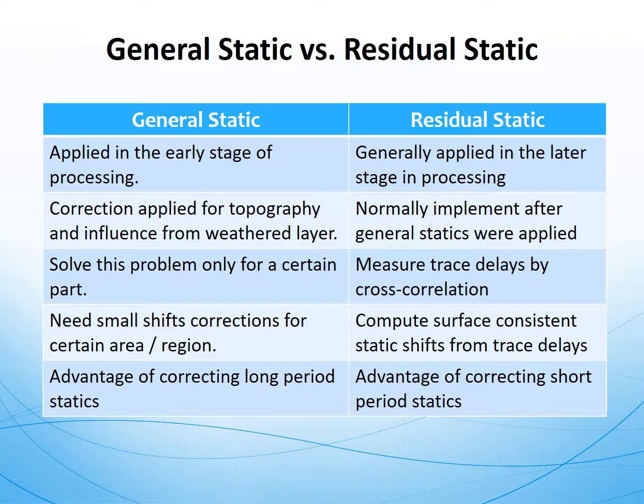The general static solves the problem for only a certain part, while the residual static generally solves the whole statics problem. General static needs small shift correction, while the residual static computes surface consistent static shift, one trace delay. And general static has the advantage of correcting long period statics, while the residual static generally will correct for the short period statics.